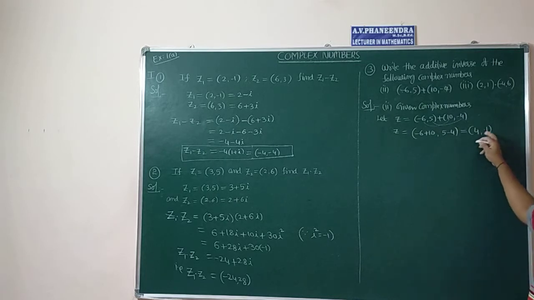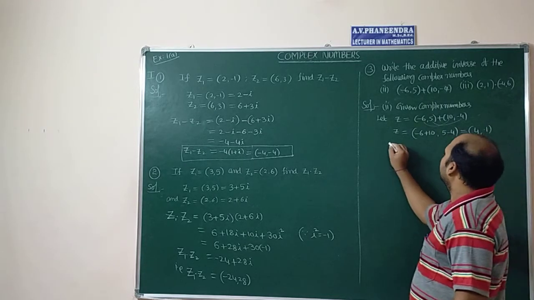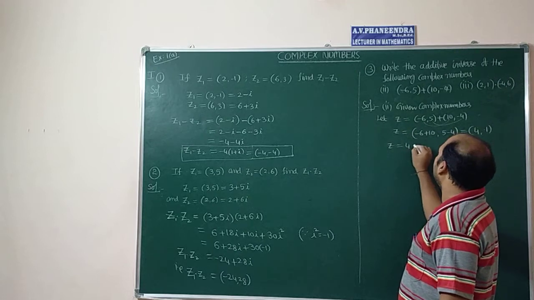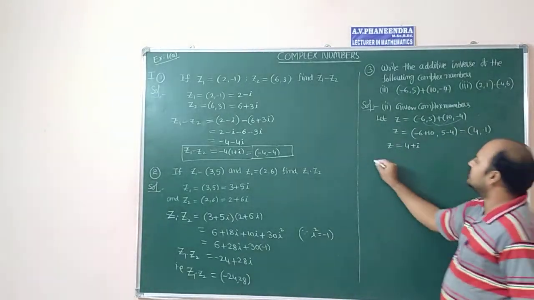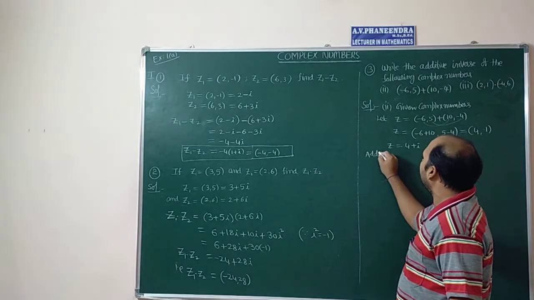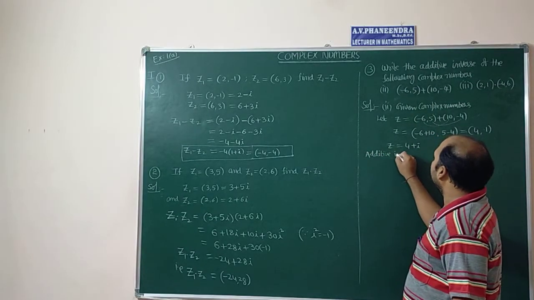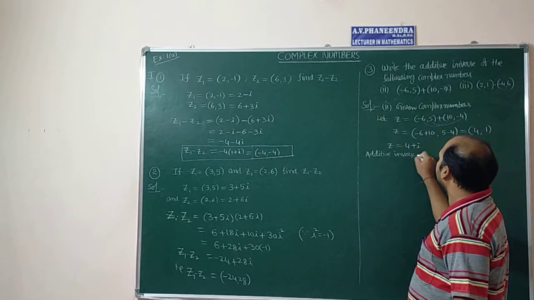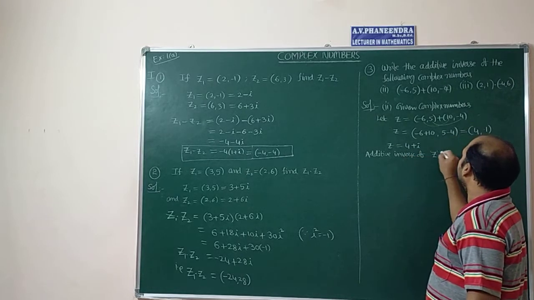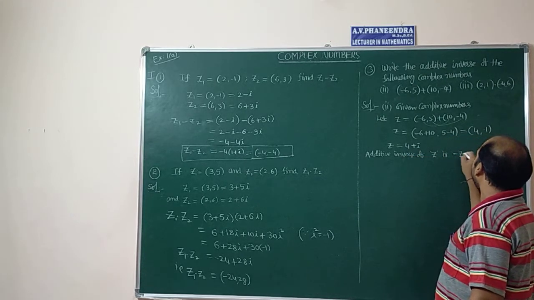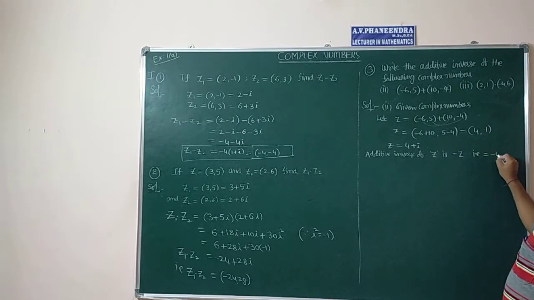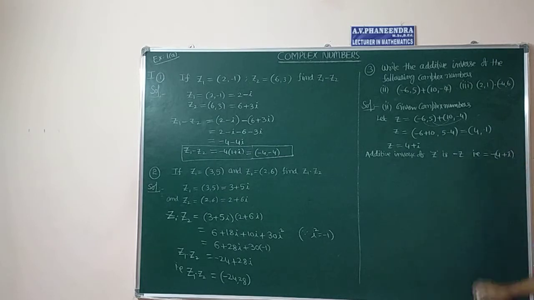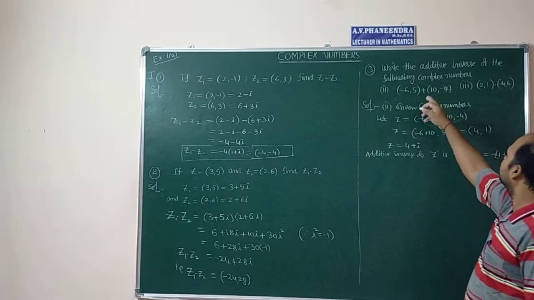Therefore, z is equal to 4 comma 1, which means 4 plus i. The additive inverse of z is minus z, that is minus 4 minus i. This is the additive inverse of the complex number.